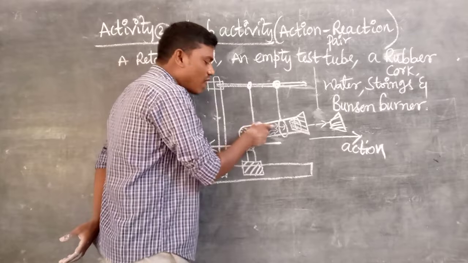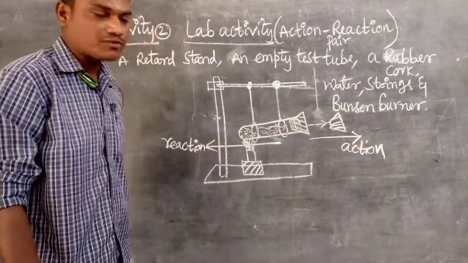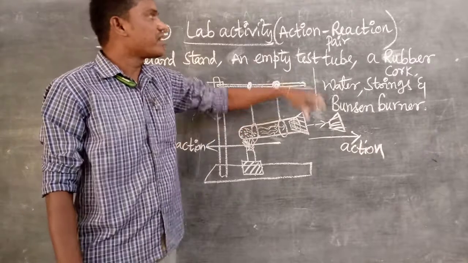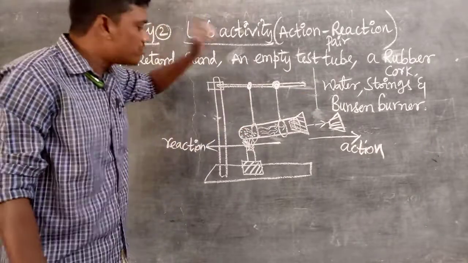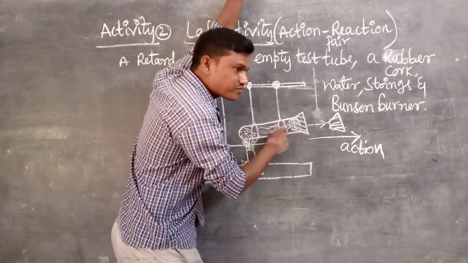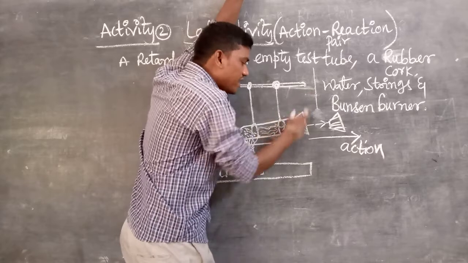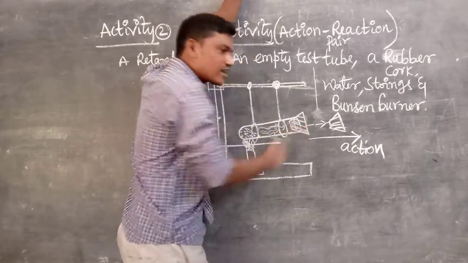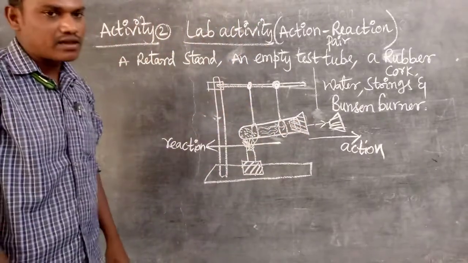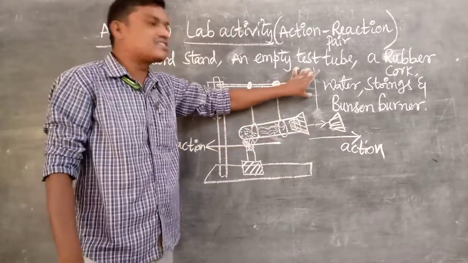When the water vaporizes, what will happen? The water vapor density is less. That's why it will try to come outside and go to a higher altitude. Due to that, this water vapor will touch which one? The rubber cork. But this water vapor wants to come outside. Here, the rubber cork acts as an obstacle, because the pressure inside the test tube is more than the pressure outside.